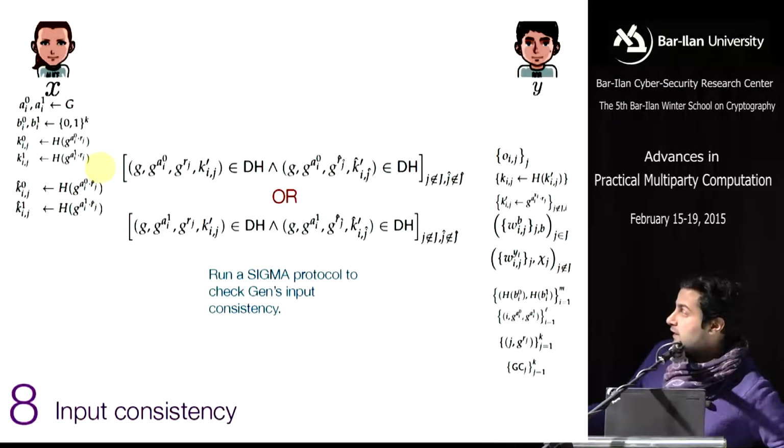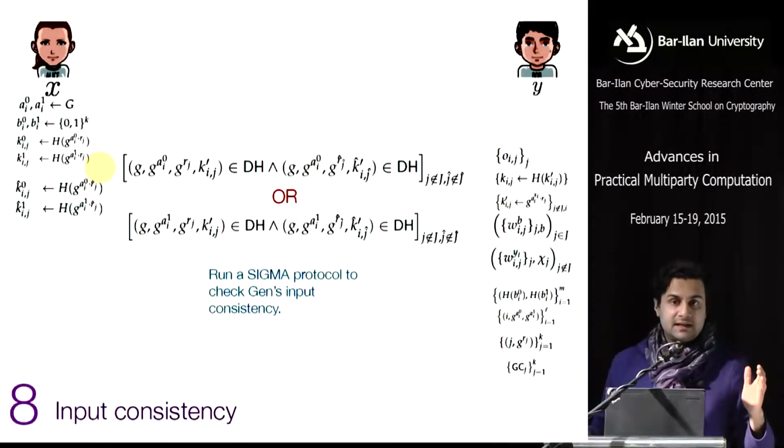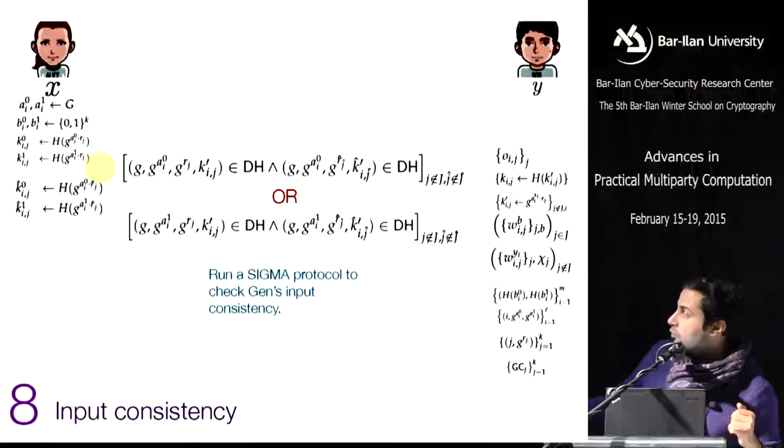So essentially, all of the keys for the zero wires are going to be in this DDH tuple, both for the original circuit and for the check circuit.